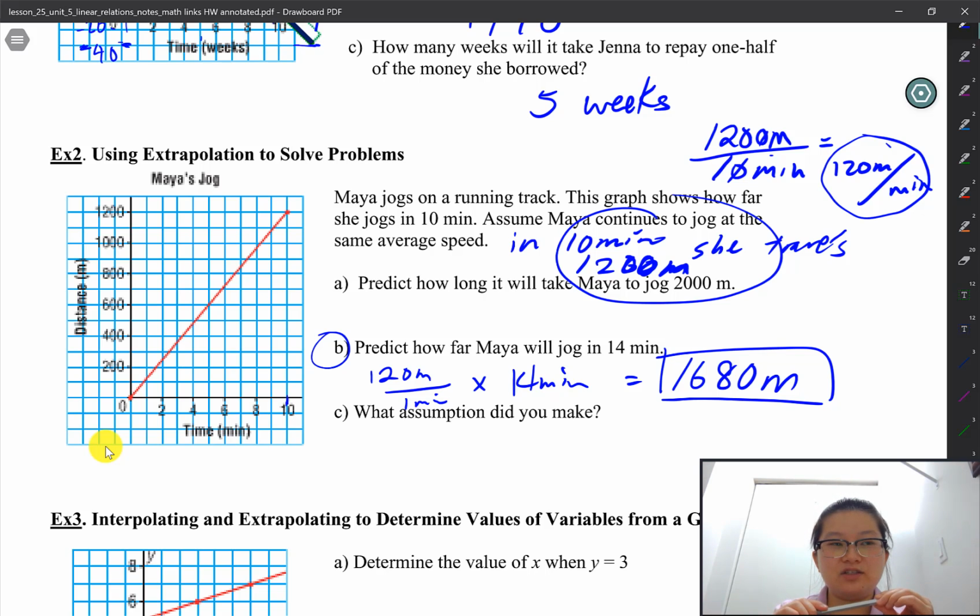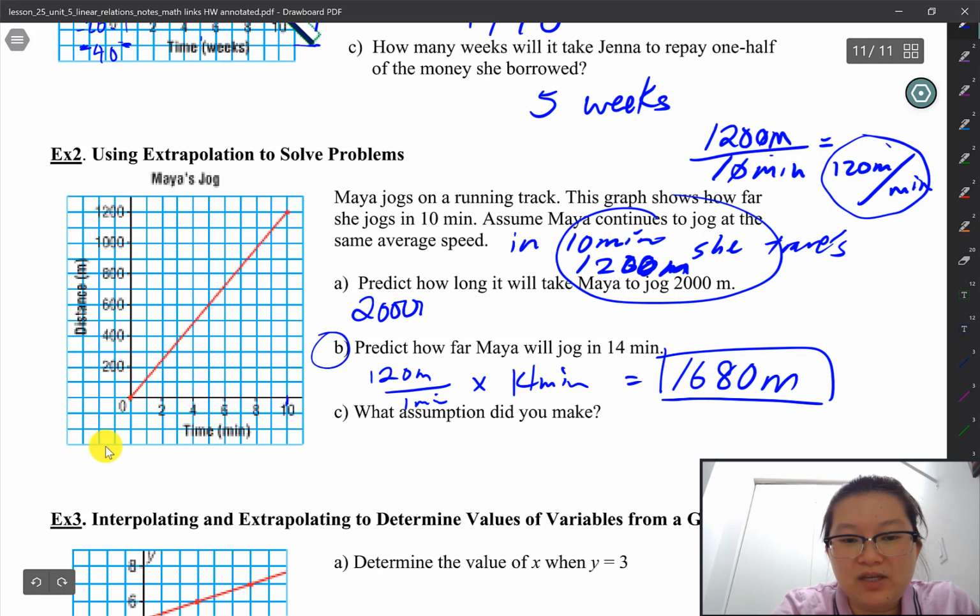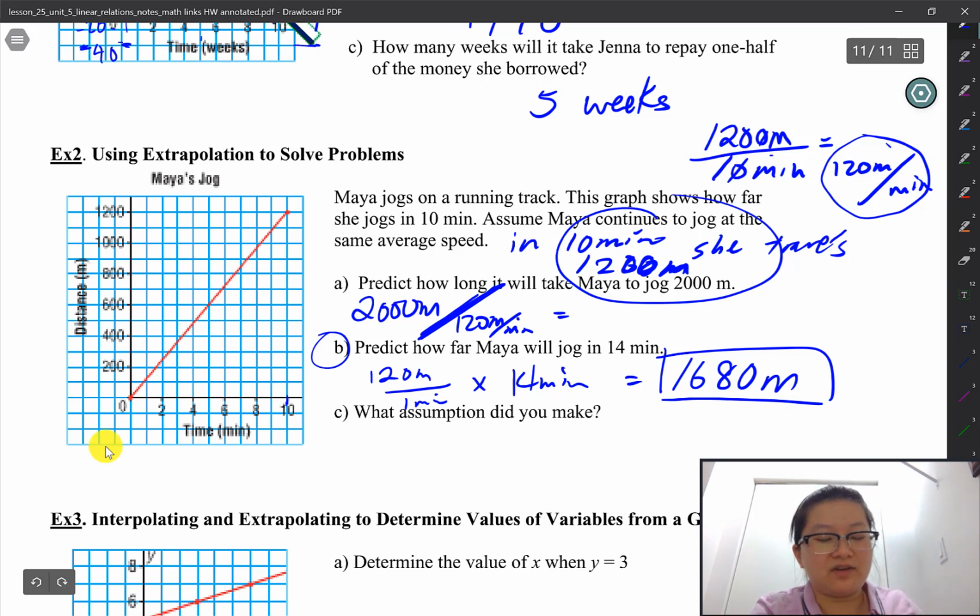Okay, so that just means that if I need to figure out how many minutes it will take her, I need to divide the 120 meters per minute into 2,000 to see how many times 120 meters goes into 2,000. So what that looks like is 2,000 meters divided by 120 meters per minute. And I use this big slash sign to signify division.